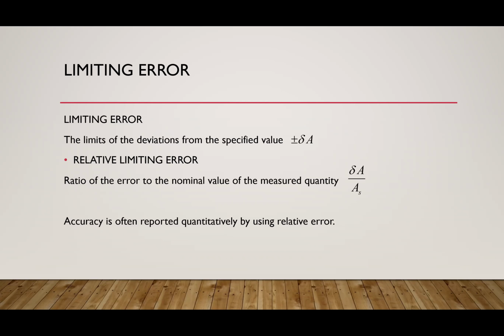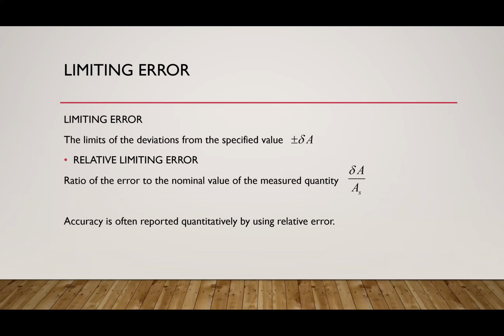That means the maximum possible error that can get incorporated into the reading can be plus minus 2 volts, either plus 2 volts or minus 2 volts. So the maximum possible deviation in your reading is called a limiting error, the limits of the deviations from a specified value.